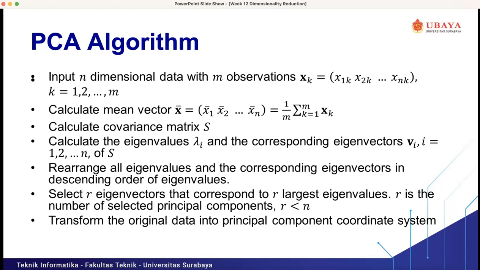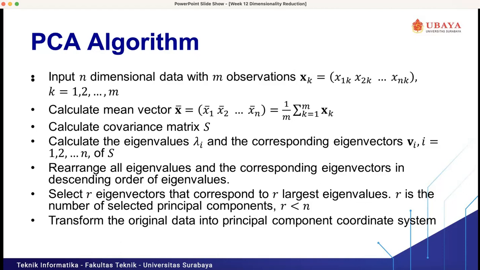So n represents the number of features and m represents the number of observations. For example, if we have 100 customers, then 100 is the number of observations, and k equals 1, 2 until m.